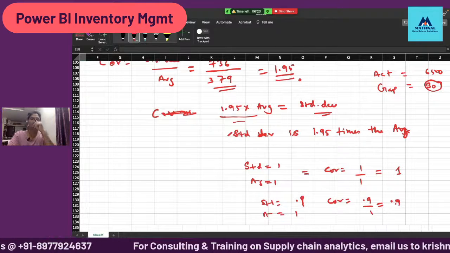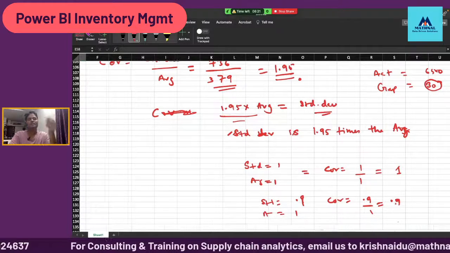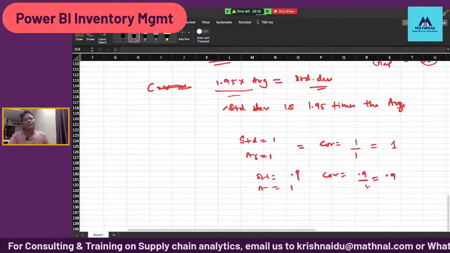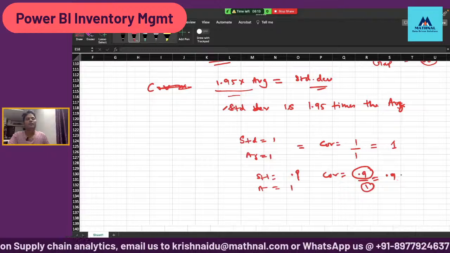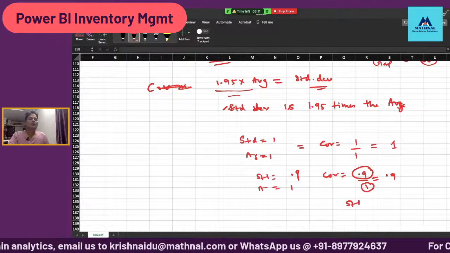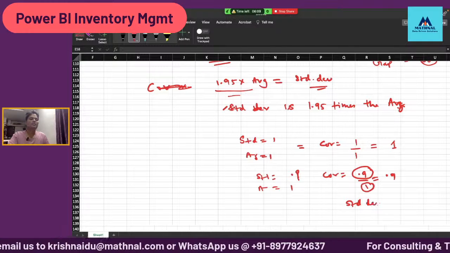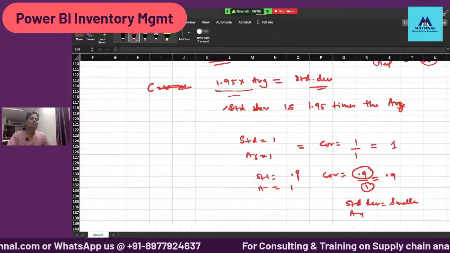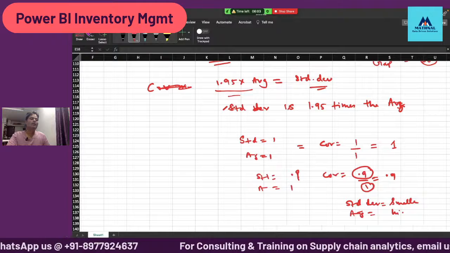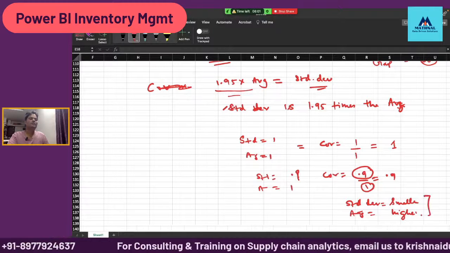So what we are saying is that if the standard deviation is smaller and average is bigger, this is what we want. Standard deviation smaller and average higher. This is the ideal, perfect scenario.